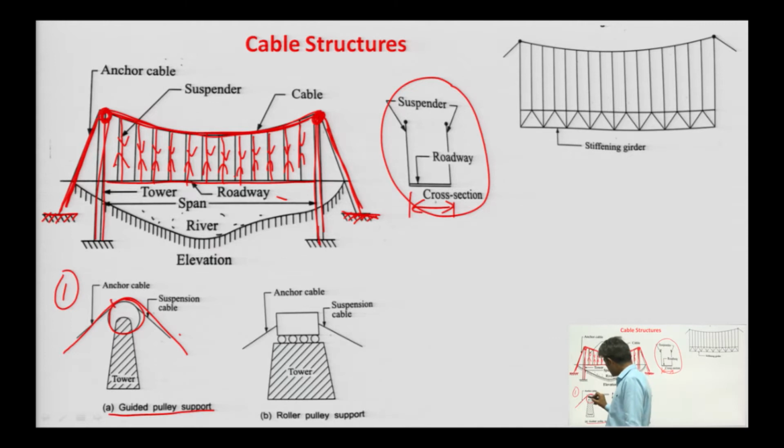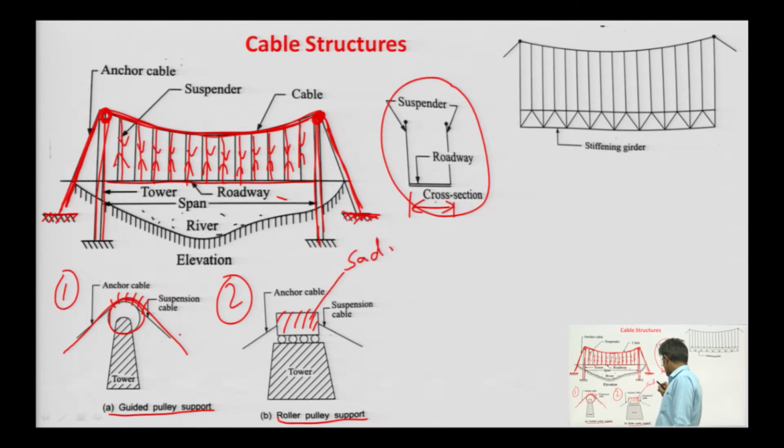This pulley may have certain friction, or may be frictionless, that will depend upon the type of the pulley. Another possibility may be this one, that is roller pulley support. In this case, at the top of the tower a block known as a saddle has been attached at both ends.